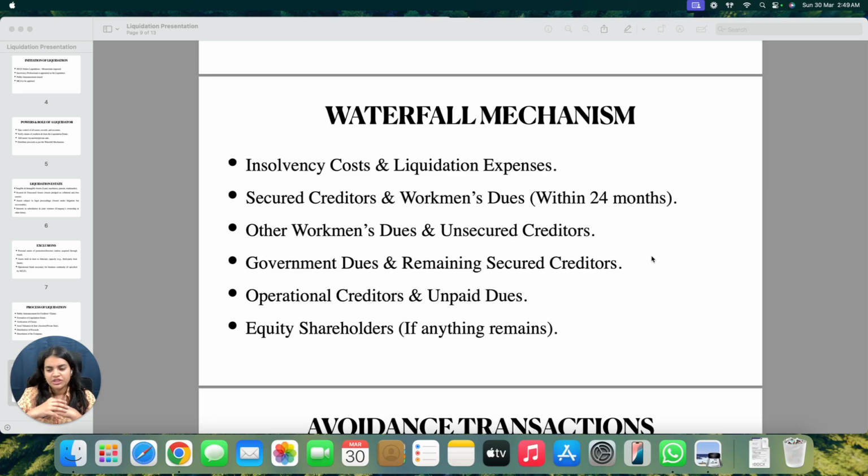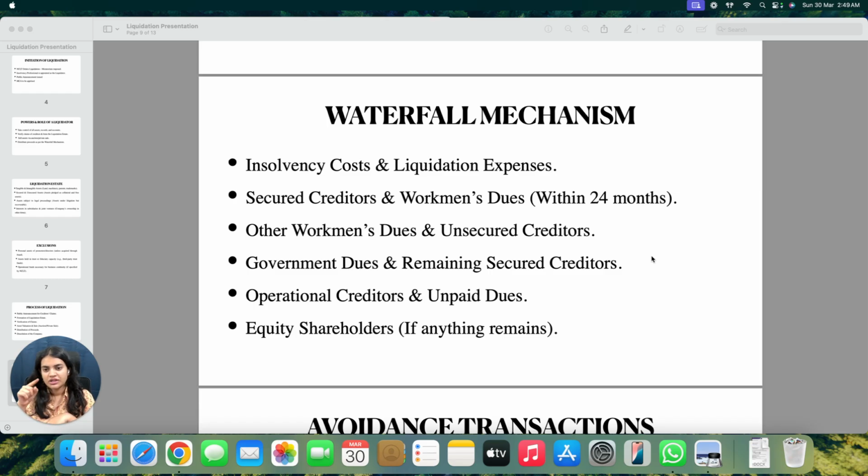So the government dues, whichever dues that do not create a charge, and any dues towards central, state and local authorities and departments of the government will fall under this category. Any statutory dues essentially. And remaining secured creditors.